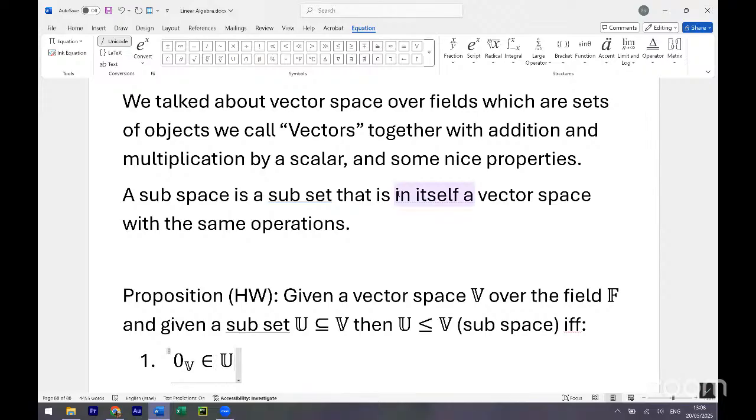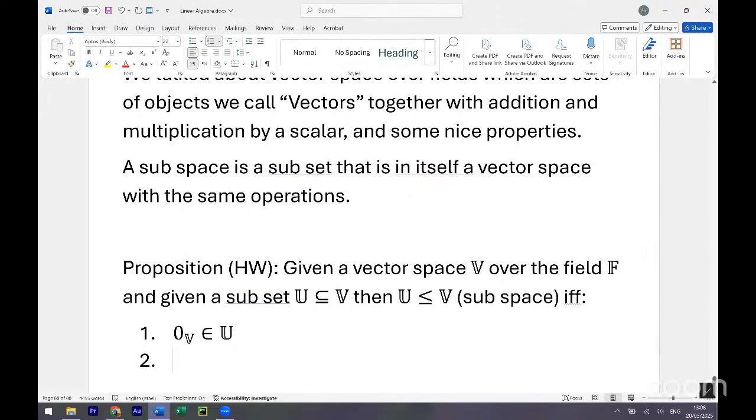So any subspace must contain the zero vector. In regular vector spaces in geometry, that's the axis point. The origin of the axis must be included in any subspace.